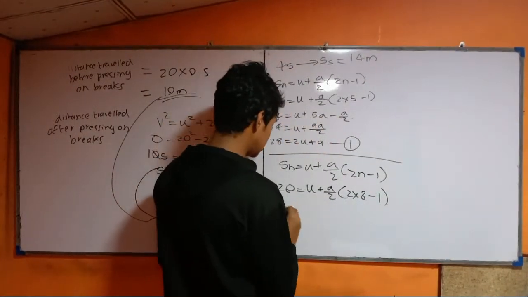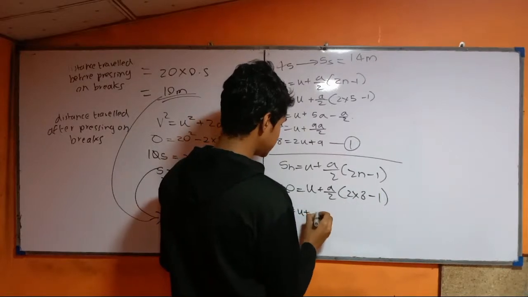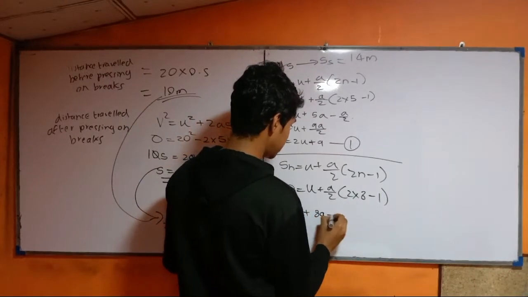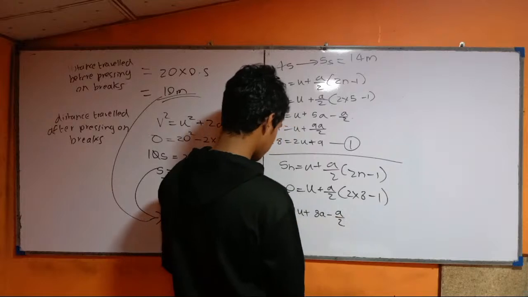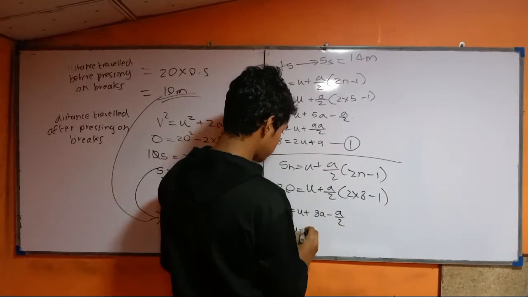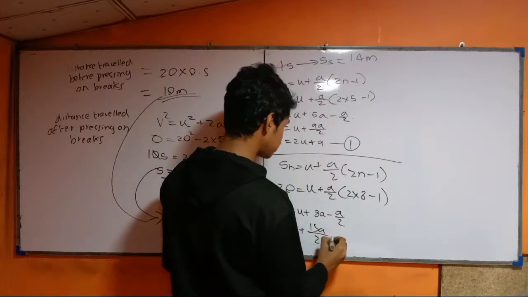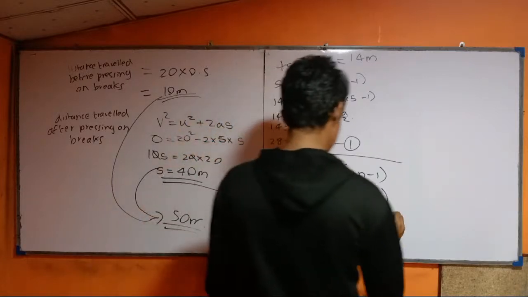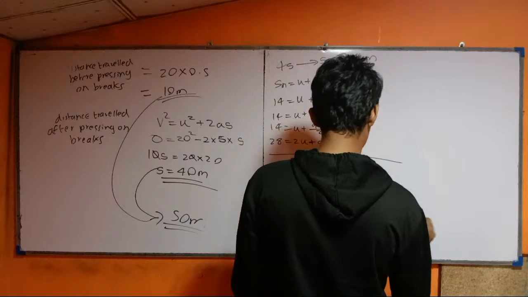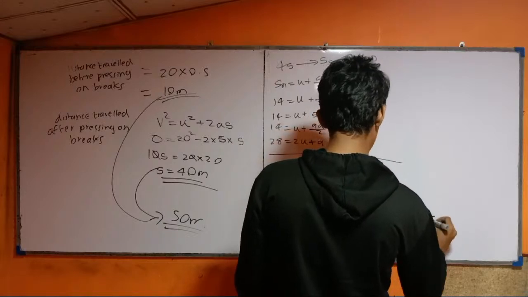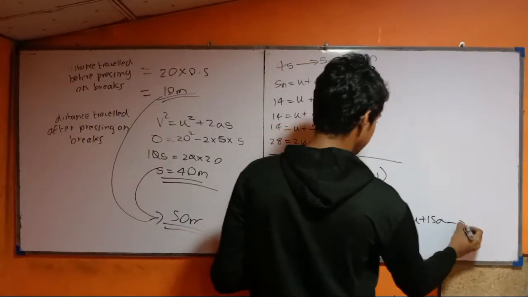So it's going to be 20 is equal to u plus 8a minus a over 2. 20 is equal to u plus 15a over 2. So 40 is equal to 2u plus 15a. This one is equation number 2.